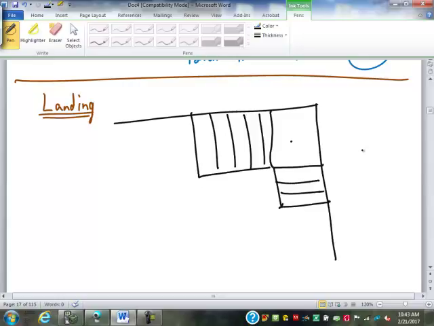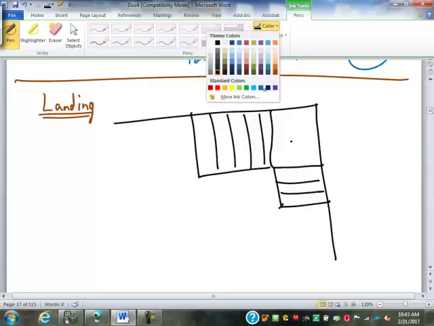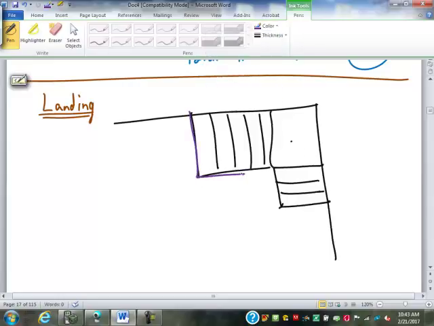Now, the easiest way to do a landing is to put the height of the landing at the step required for head clearance, so that you can hit that landing and your floor opening is just going to be shaped like that. You don't have to have it here. But all these steps over here are going to be below your head clearance. So you can run your floor just straight over and not have to have this L-shaped hole in your floor. That's the ideal way to do it.